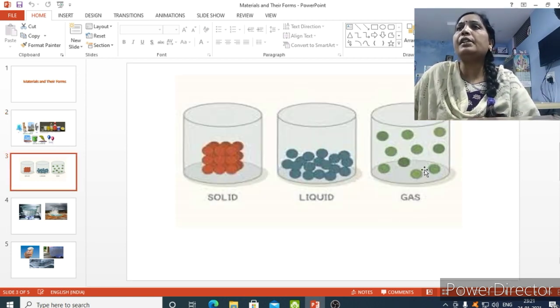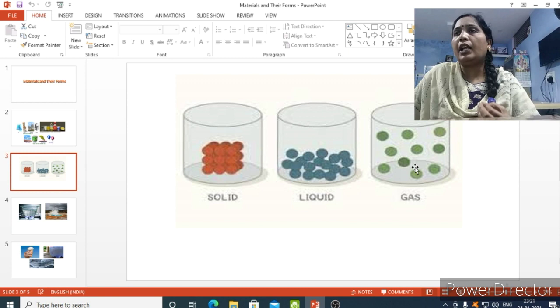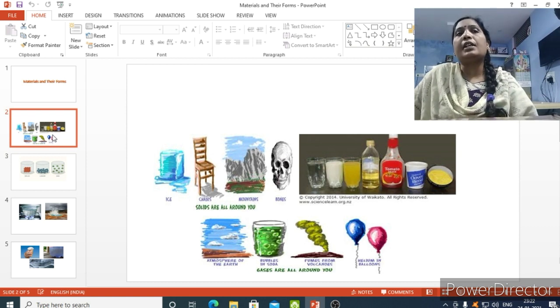Why are they moving so freely? Because they have more intermolecular space. Their particles have gaps between them. From one particle to the other particle, they have a lot of space in between. Because of this, gases can freely move anywhere.